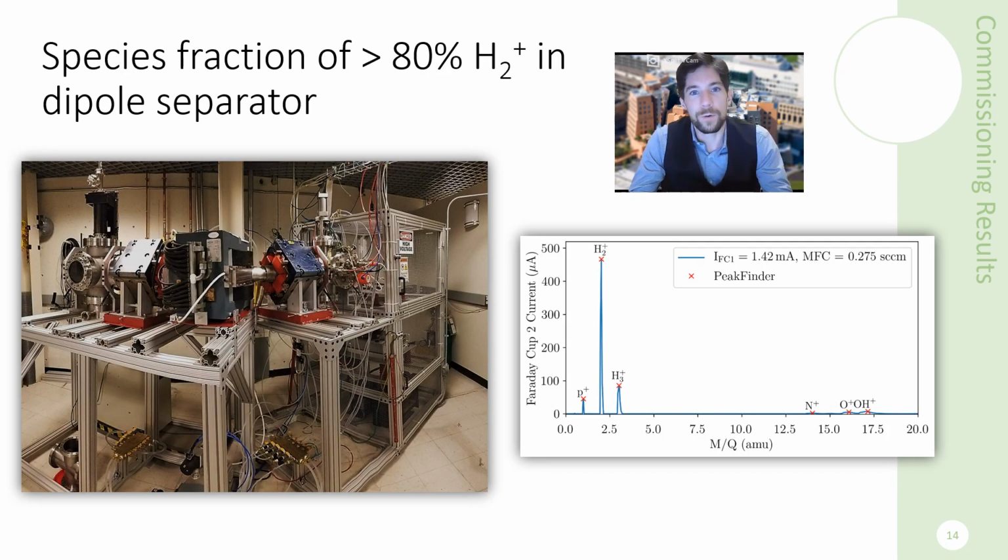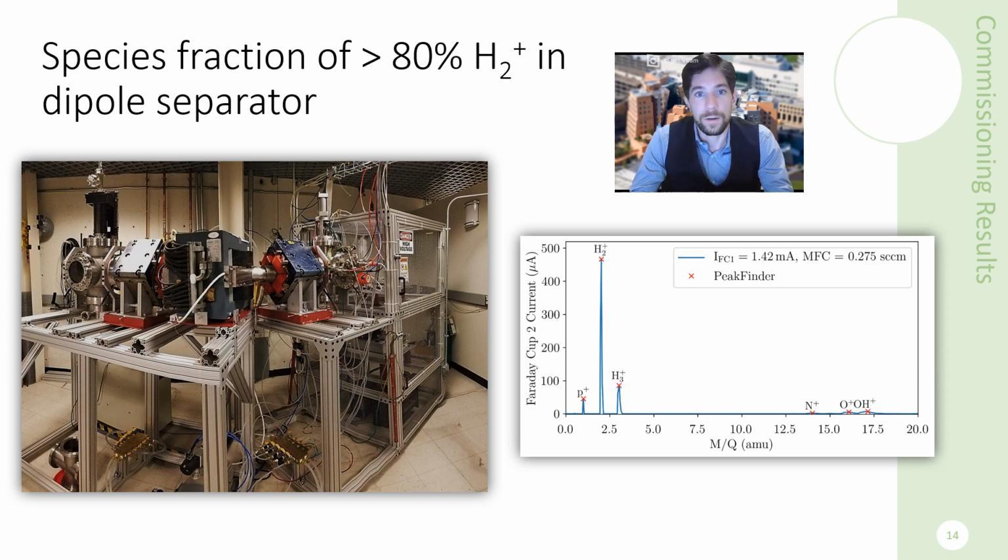recombination of H2 plus with a proton to an H3 plus is a preferred product. We reached our phase 1 design goal of larger than 80% H2 plus fraction out of the source by reducing the mass flow to 0.275 SCCM. We measured the mass spectra using our LEBT or diagnostic beamline with 2 quadrupole magnets and a dipole magnet.